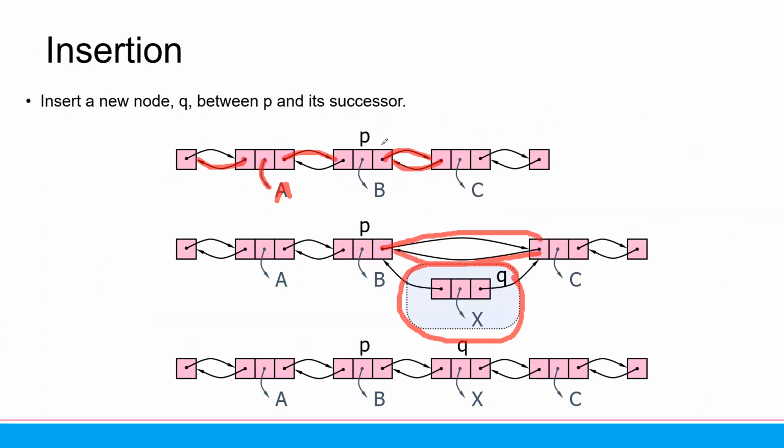So if we want to make a new node in between, we need to update these links. We need to remove this link, and the link will be updated to the new node. So the new node will have the next connection to C and the previous connection to P. And then P will have a connection to Q, and the last node, C, will have a connection to Q.